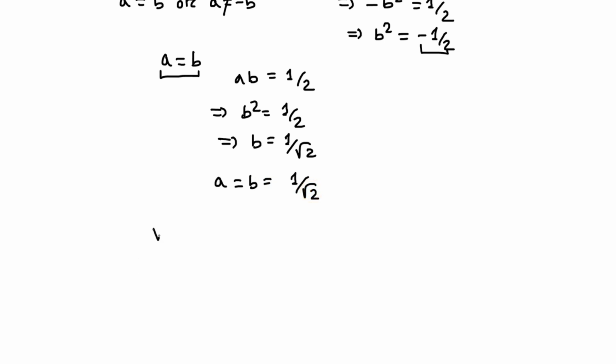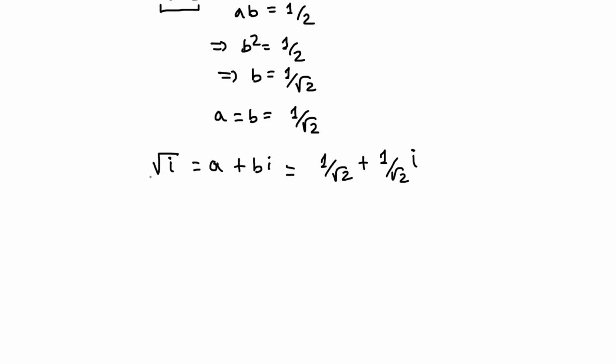Previously we took root i equals a plus bi, so this is nothing but 1 by root 2 plus 1 by root 2 i. So we found the value of root i. Next, we move on to root under minus i.